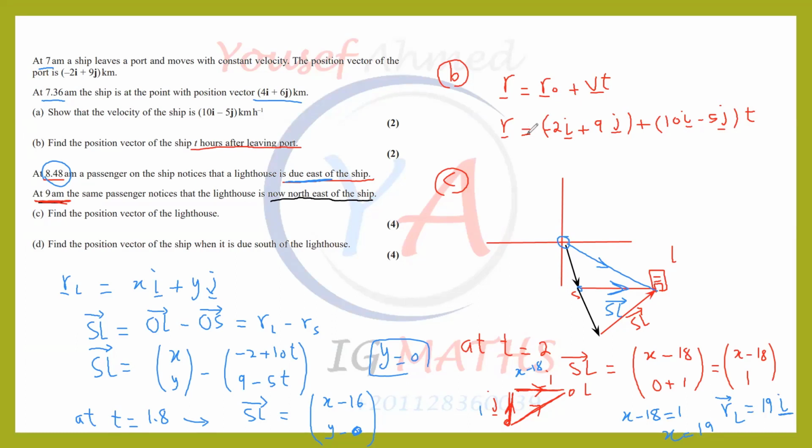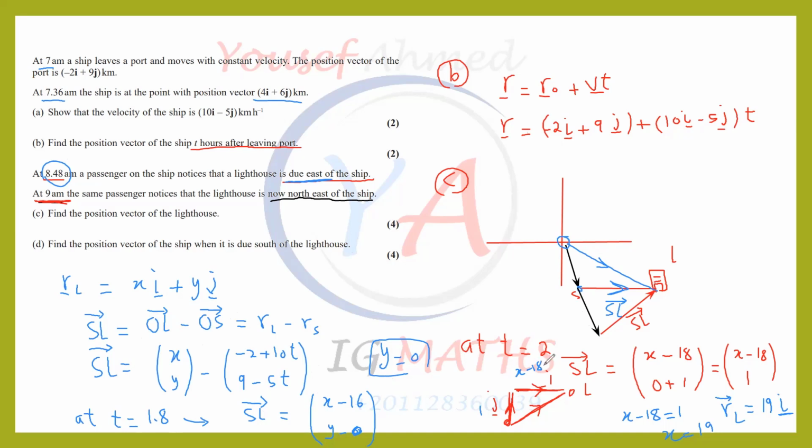So how did we get this again? We used the two situations. The first situation, the time was 1.8 hours. We assume that this is x and y, the position vector for the lighthouse, and this is the position vector of the ship. We replaced the value of t in the equation, and we got x minus 16 and y minus 0, and since it's due east, y is 0.